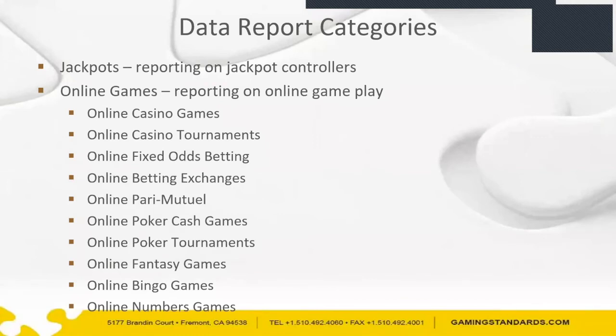And this is reporting on jackpot controllers and the money movements that have to do with progressive jackpots or mystery jackpots within the land based, online and lottery world. And then we've got an online game reporting category, which obviously is all about online games, but we broke them down by the different types of online games.